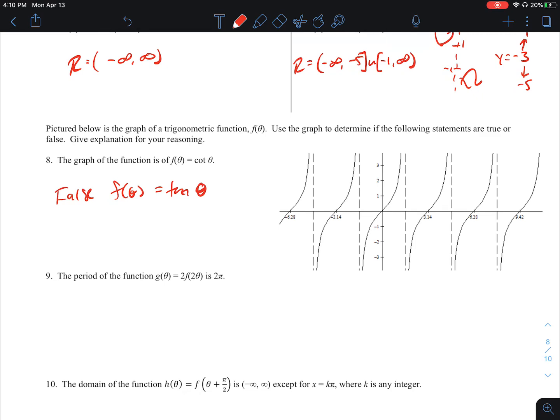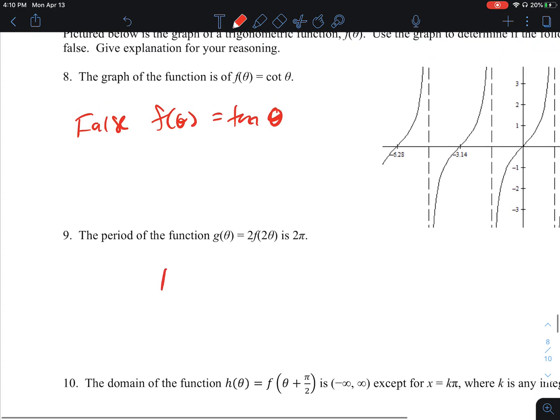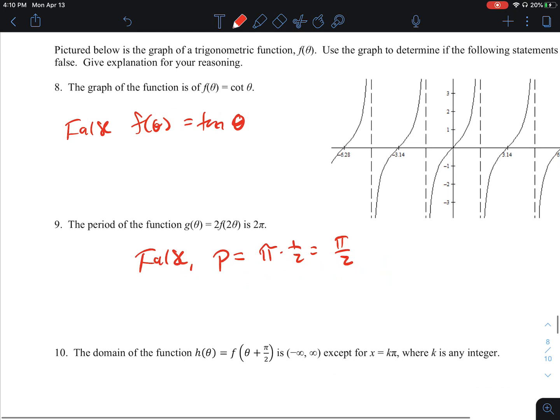9, the period of the function g of x, which is 2 times f of 2 theta, is 2 pi. That is also false. The period for this is going to be pi times a half, which is pi over 2.